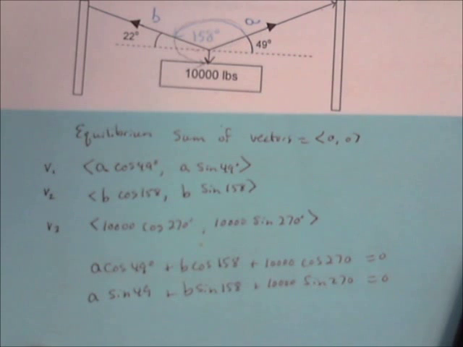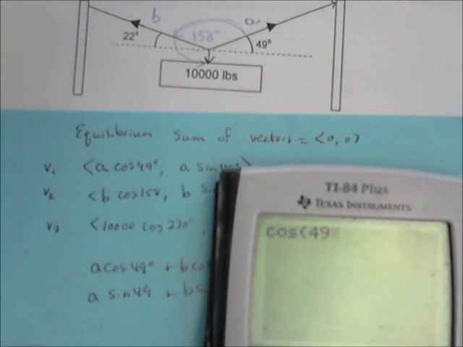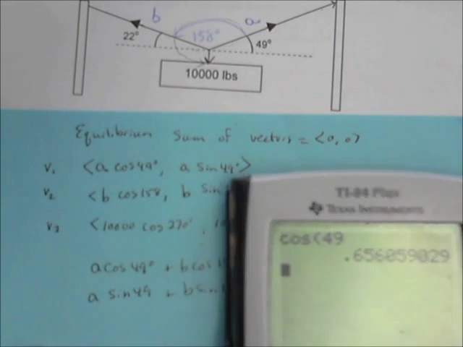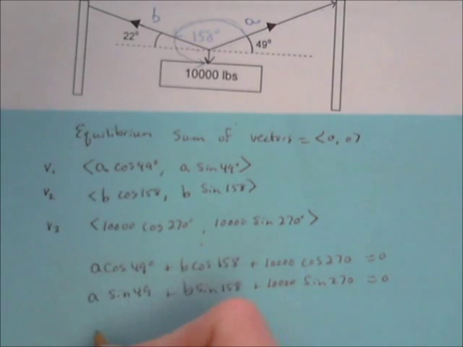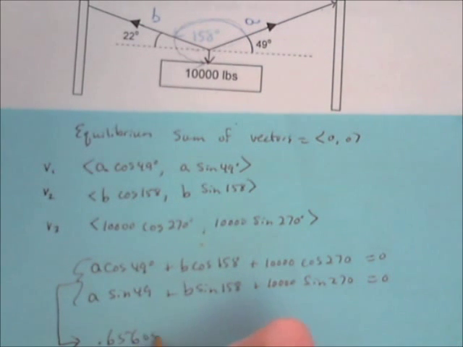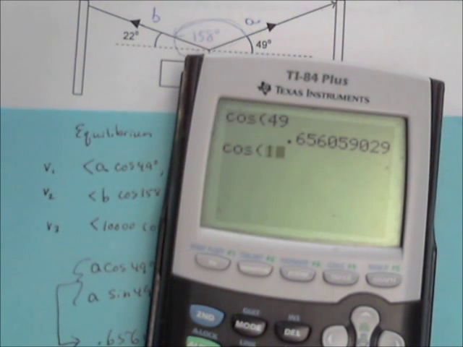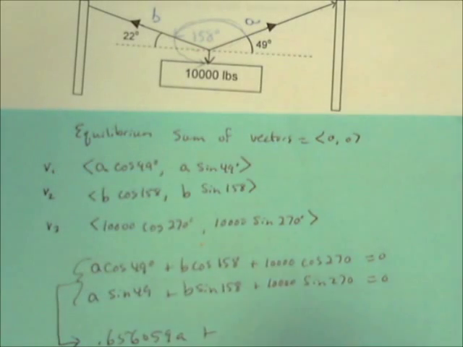So the cosine of 49 is 0.656059. I guess I'll just use that much. So these 3 things go to 0.656059A plus, now let's do the cosine of 158, should be negative, yep, negative 0.92718.